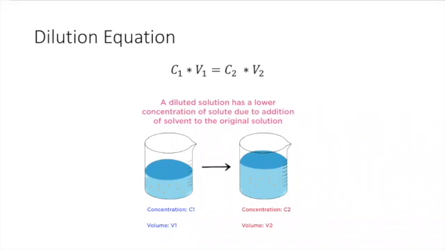Okay, so moving on to the dilution equation. So basically the dilution equation is how we measure the change in concentration, how the concentration changes. So say C1 is the initial and C2 is the final, how it changes when we dilute the solution.